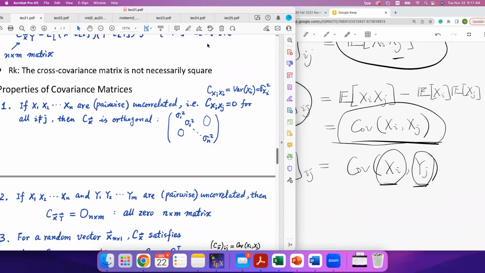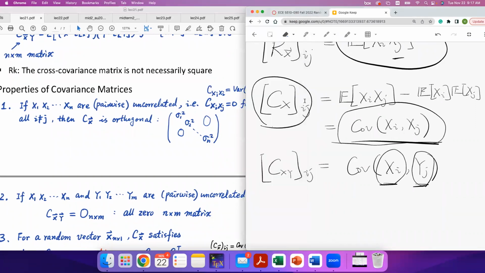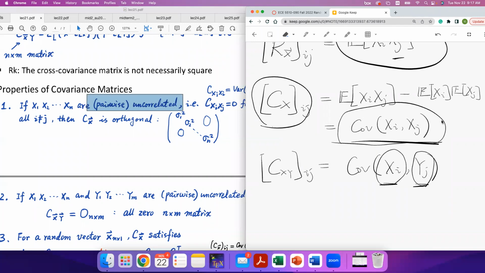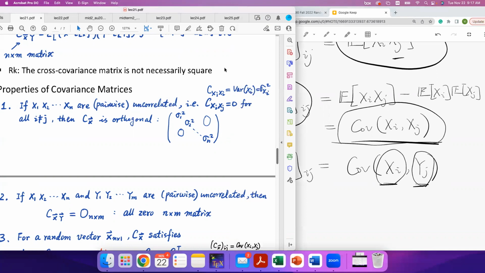So if i is not equal to j, meaning this entry is not on the diagonal, then xi and xj, these two different random variables, are pairwise uncorrelated, meaning that the covariance is zero. This is from the single random variable result. So therefore, all the off-diagonal elements, when i is not equal to j, are zero.